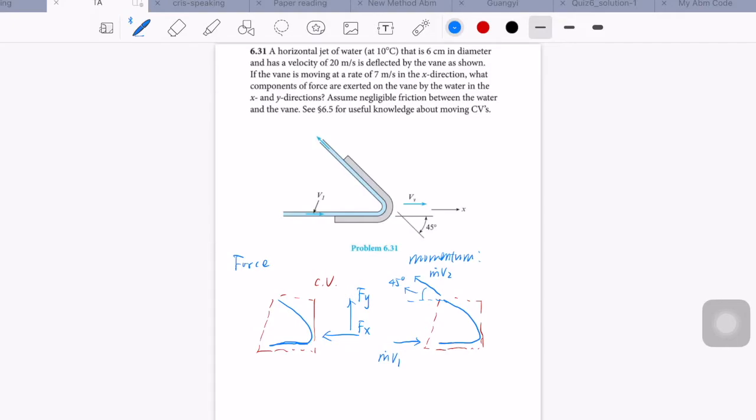And from the problem, we know that the vane is moving at 7 meters per second, so the CV is moving. So we select a reference frame that is fixed to the moving vane. This is y, this is x. So the reference frame is fixed to the moving vane.